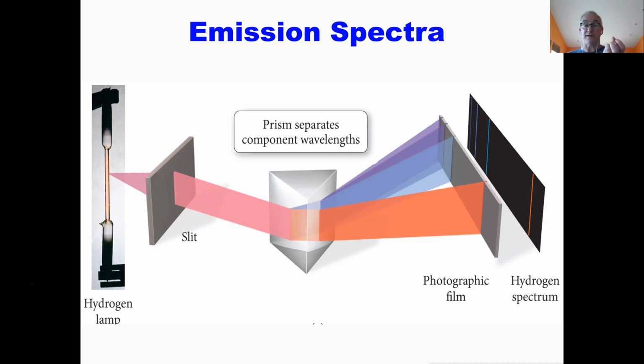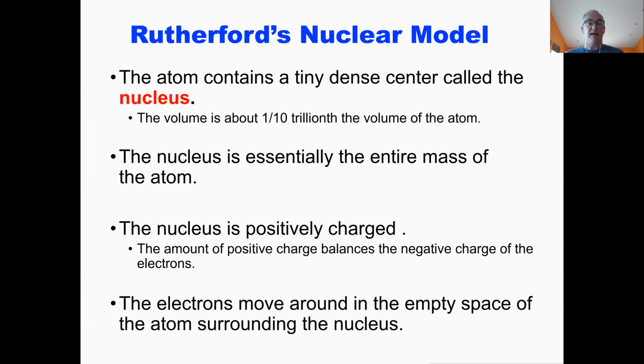Well, if it's true for the solar system, it must be true for the atom too, right? You've got electrons moving around the nucleus, much like planets going around the sun. We'll just use Newton's laws and figure out what these energies are. But unfortunately, that doesn't work. The first part of it works.